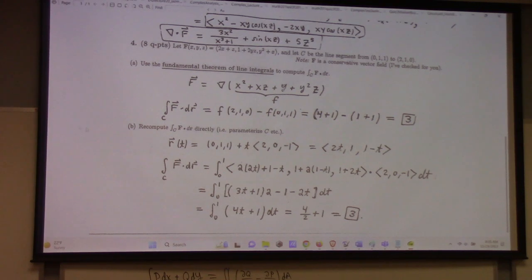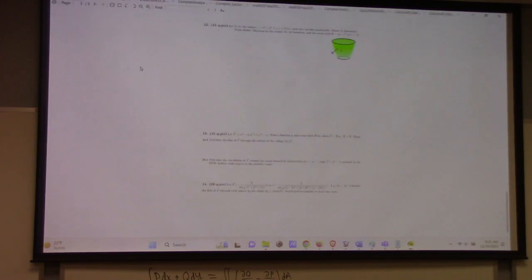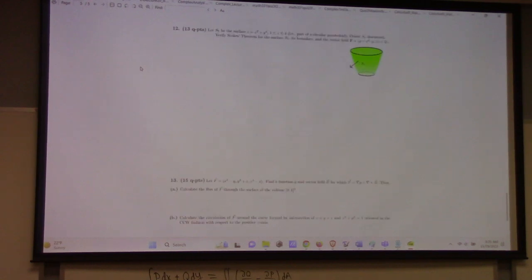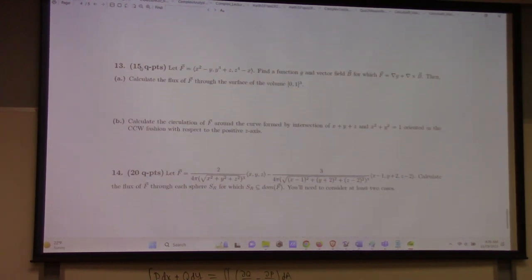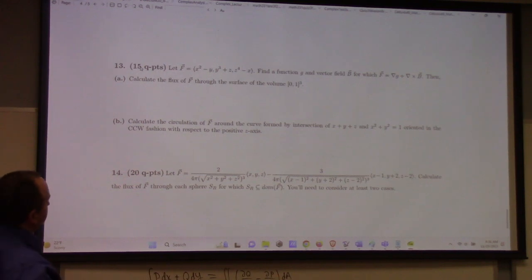All right, let me flip back to my brother's solution here. Actually, I'm going to go back to this one. Let me just talk about the last page. I won't write, I'll just explain. So let's see here.